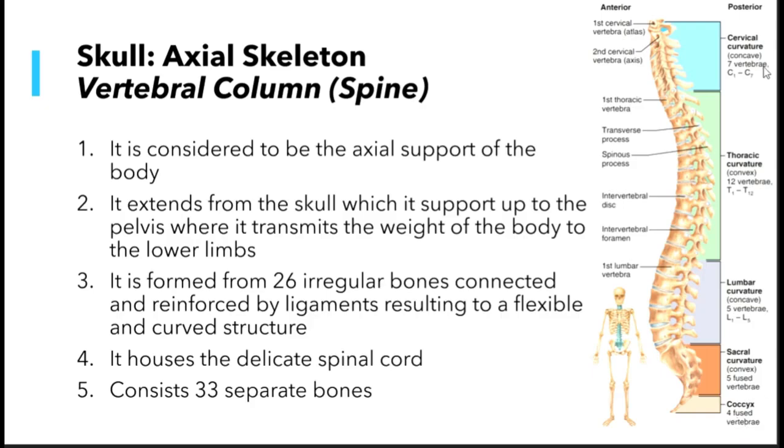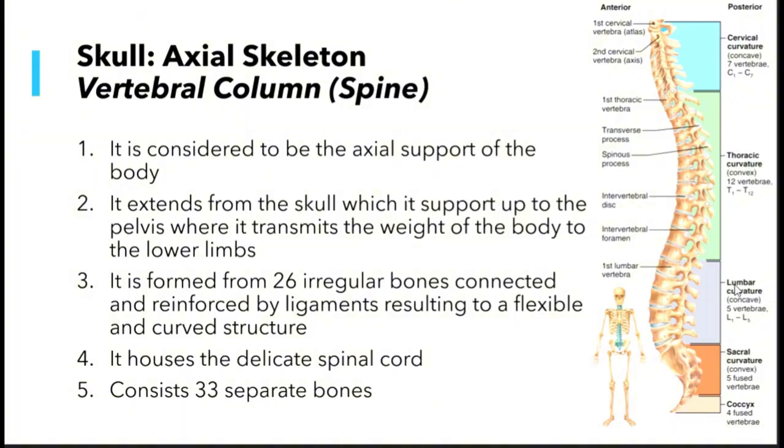Your cervical curvature has 7 vertebrae. Thoracic has 12. Lumbar has 5. So just imagine your day. You wake up at 7 a.m., having your lunch at 12 noon, and then ending your class at 5 p.m. Not all the time, but that's the usual case. So 7, 12, 5 bones.